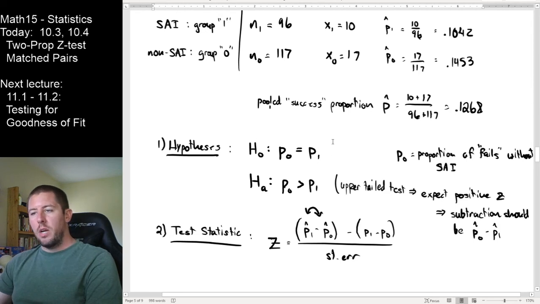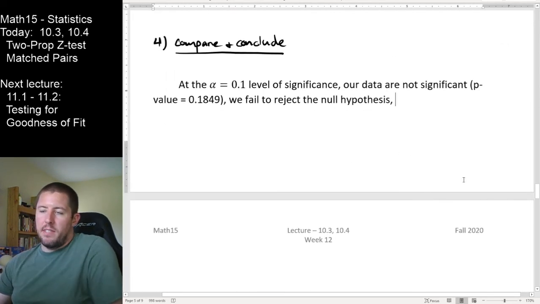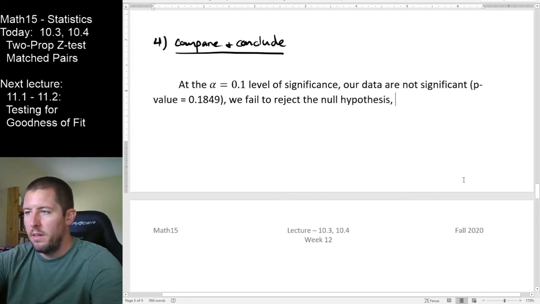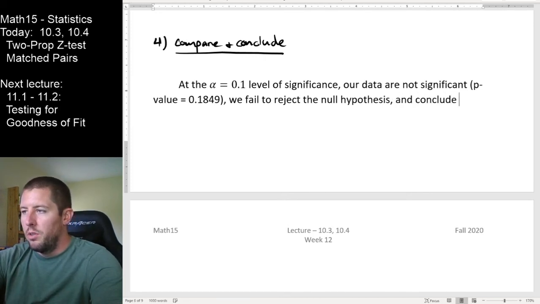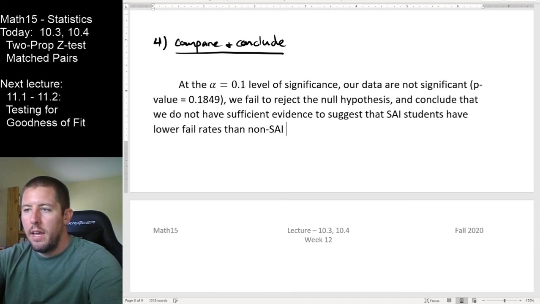So we're going to stick with our null hypothesis here that says that it seems like these two are at least comparable to each other. So, we conclude that we do not have sufficient evidence to suggest that SAI students have lower fail rates than non-SAI students.